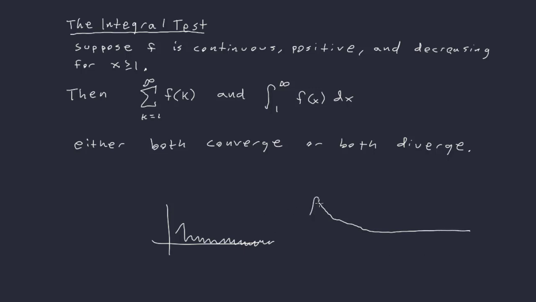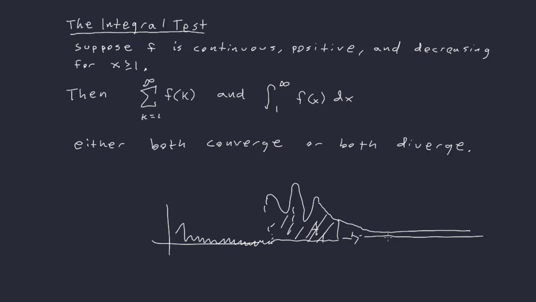Now, if it acts a little weird here, but past a certain point, it behaves the way we need it to, that's fine, okay? We don't care what happens early on in its life, because even with the improper integrals, this part is just a finite area. We can just mark that as A, and then we would do the improper integral for that piece anyway.